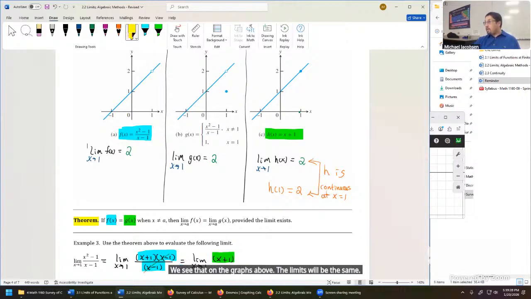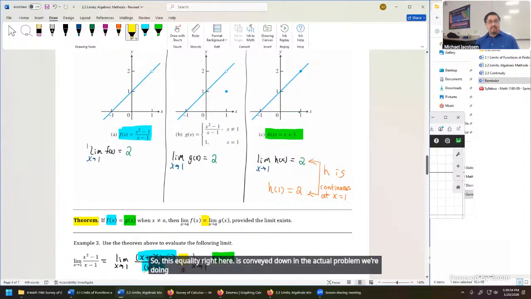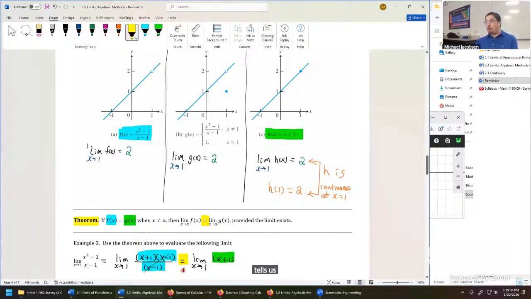So this equality is conveyed down in the actual problem we're doing. It tells us we can simplify, swap out the function to something nicer, and now it's a polynomial function. We can use direct substitution.